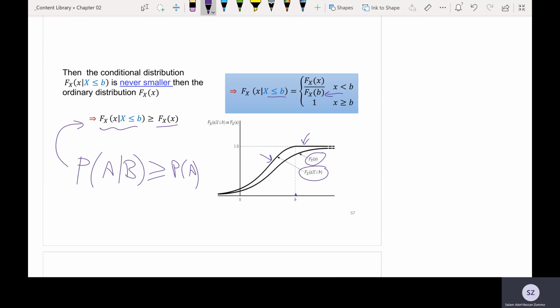Once you exceed b, the conditional CDF becomes 1, because once x increases beyond b, the probability that X is less than x, given X is less than b, becomes certain, and hence it has a probability equal to 1.